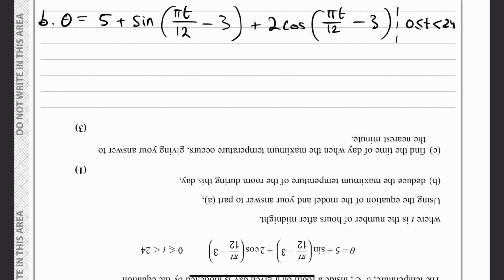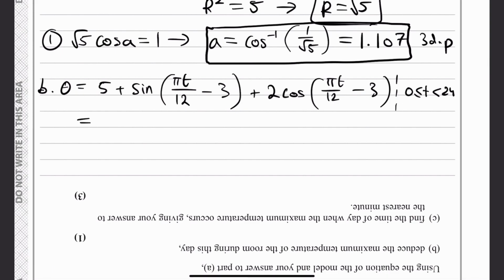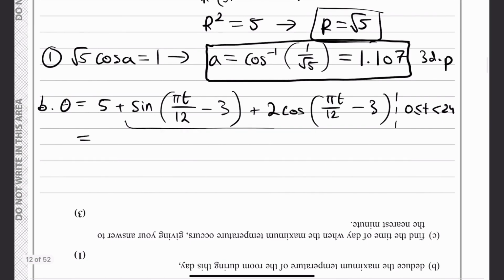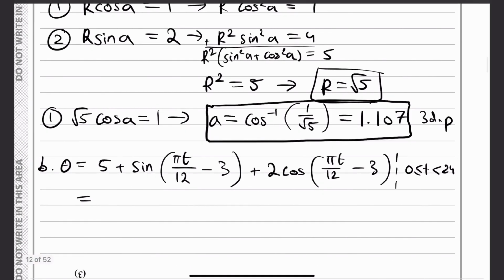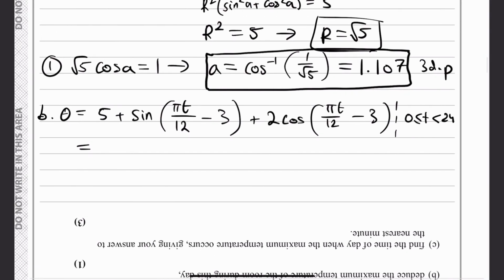Using our part A, we can tell that this part can also be written in this form, and we have those coefficients.